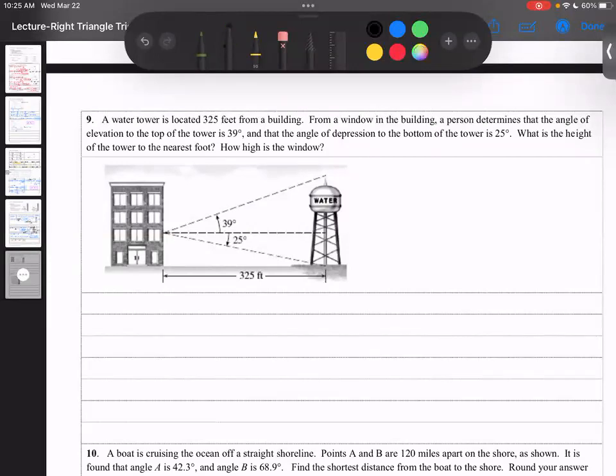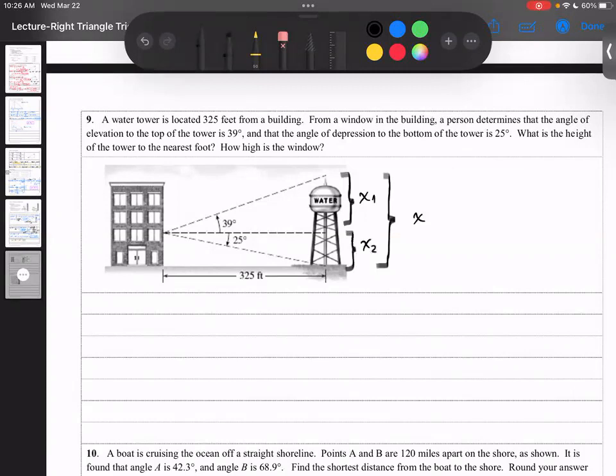They want x. The problem is that x belongs to a triangle that is not a right triangle. But each of those inside the triangle is a right triangle, right? So what I can do is calculate x1 of the first right triangle, and then x2 for the second right triangle.